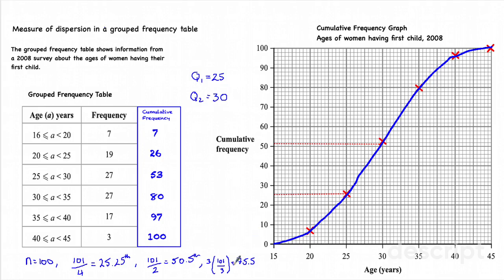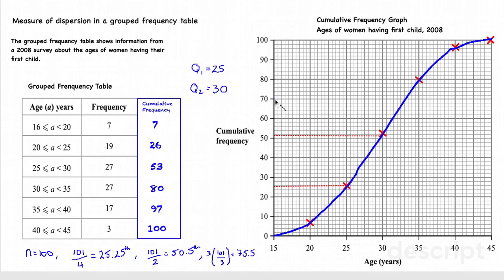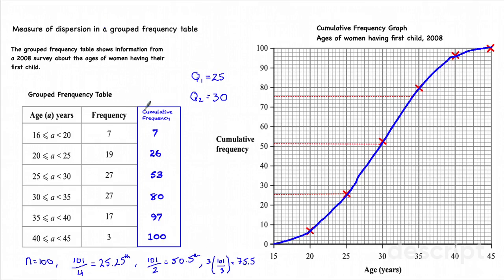Q3 I will find in position 75.5. Again, a difficult one to read here. So going up to 75.5, about there. Again, that might be a little too high. I'm going to read that as 34. So Q3 is 34.